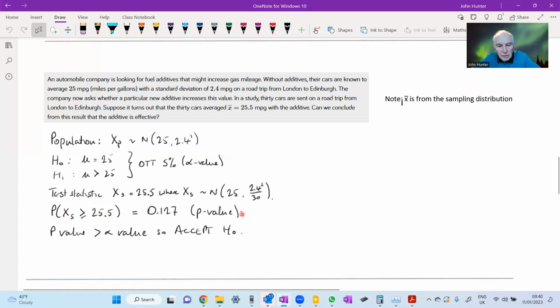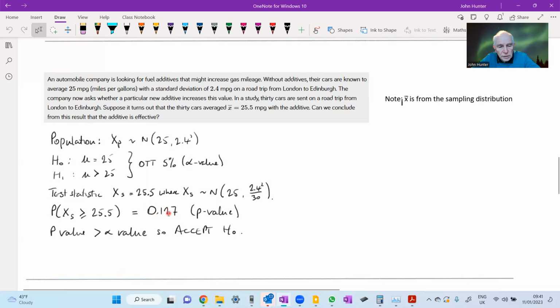I'm not getting the calculator out on this occasion, but if we plug that into our calculator as we've done before, with menu 7 and then a cumulative normal distribution, we can enter these parameters. The standard deviation will obviously be 2.4 divided by the square root of 30, and we get this, which is our p-value. 0.127 is what we've got.